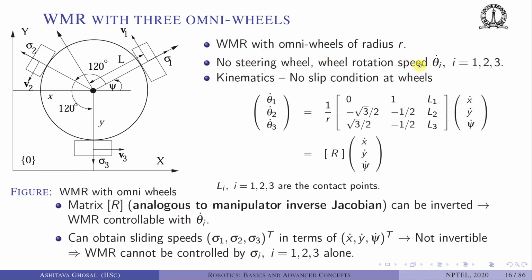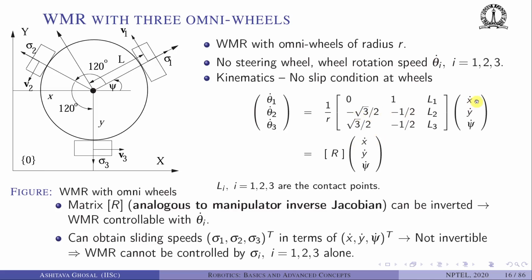The wheel rotation is theta i dot for each of these three, and the kinematics with no slip at the wheels can be represented by theta1 dot, theta2 dot, theta3 dot equal to 1 by r, where the radius of the omni wheel is r, times a matrix with 0, 1, L1, L2 and L3, and then you will have this minus root 3 by 2, minus half, and so on.